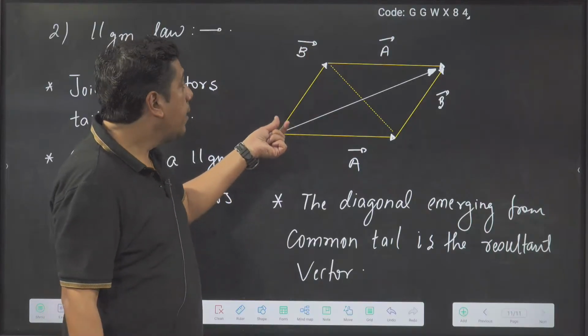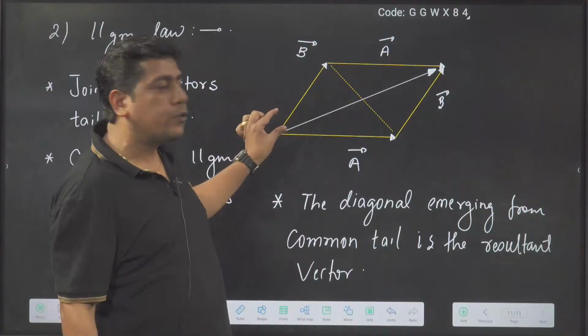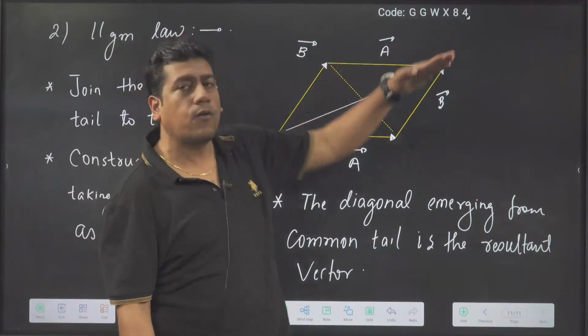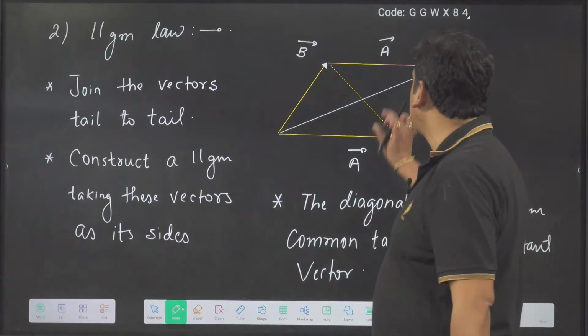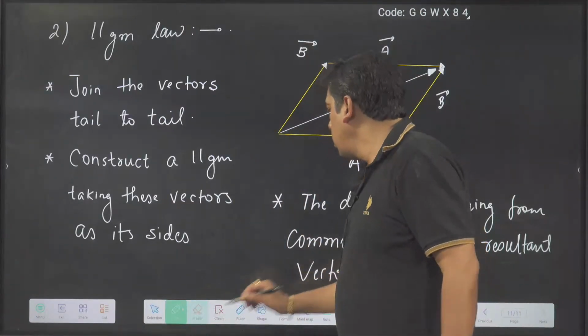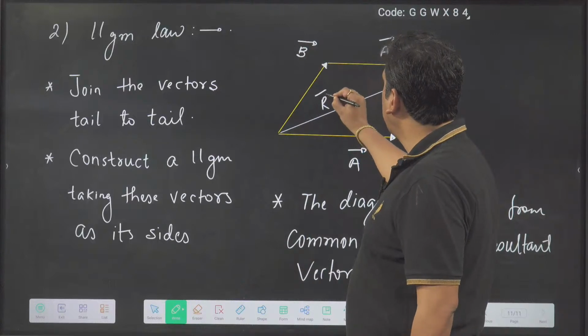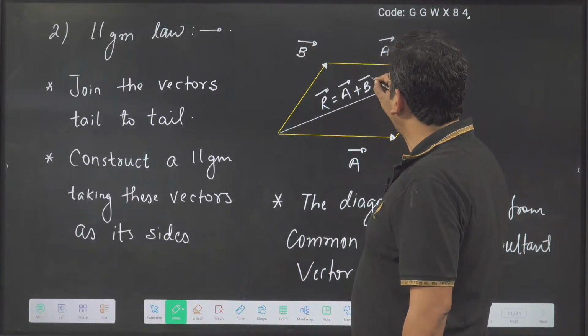Then the diagonal which is emerging from this common tail, that will be known as the resultant vector. So this white line we will call the resultant vector. R vector equals A vector plus B vector.